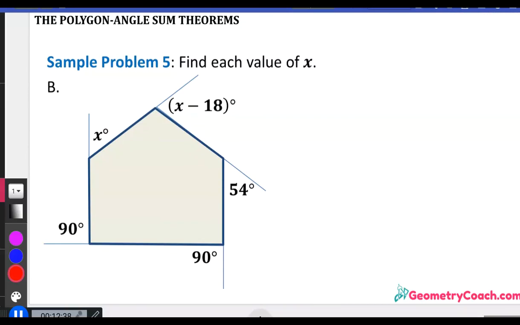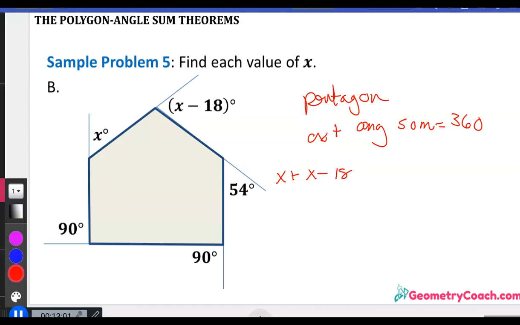All right, find the value of x here. All right, we have a pentagon. And we have exterior angles this time. What is the exterior angle sum of a pentagon? It's 360 degrees. So we're going to add up the 5 angles and set that equal to 360.